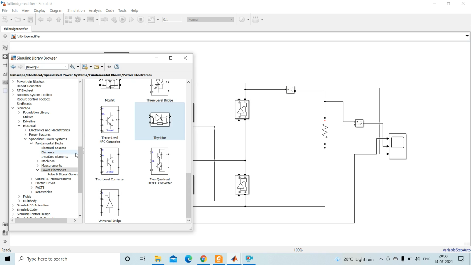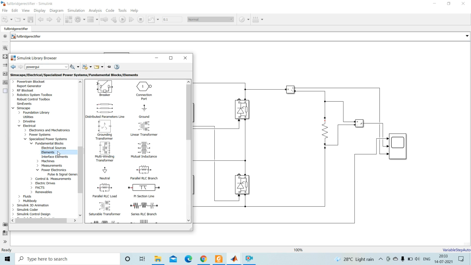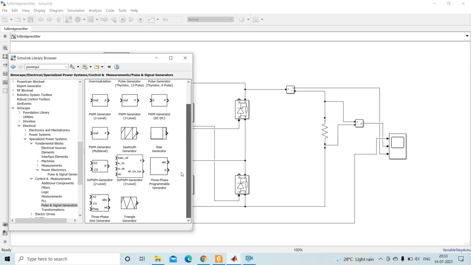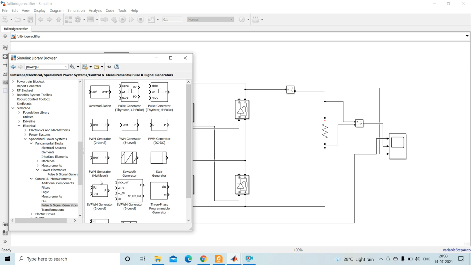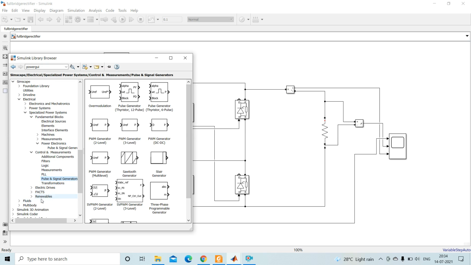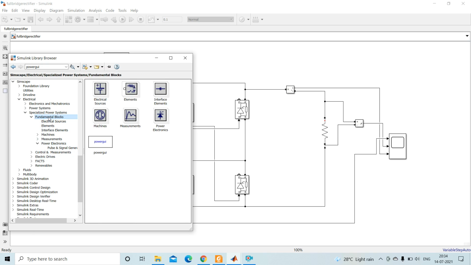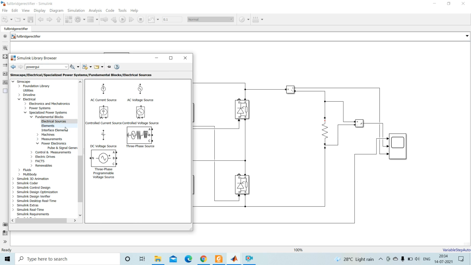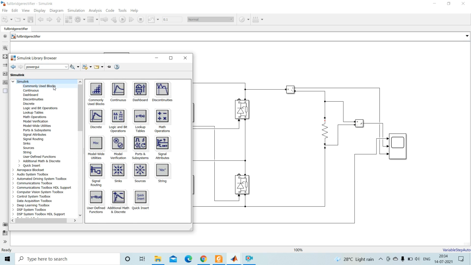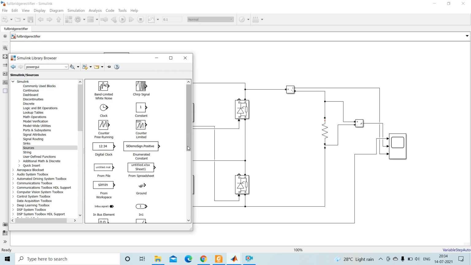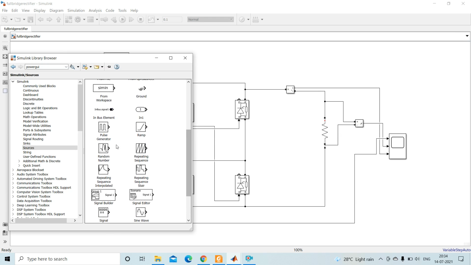Similarly, everything is the same here, and one new thing is the pulse generator. You can drag the pulse generator block.